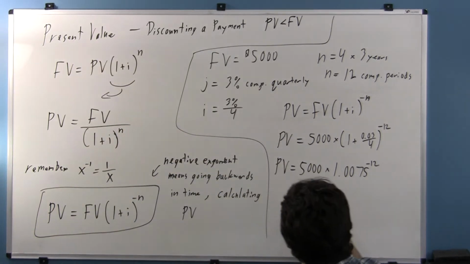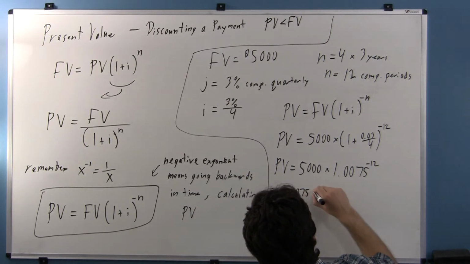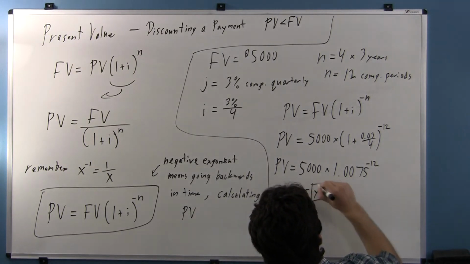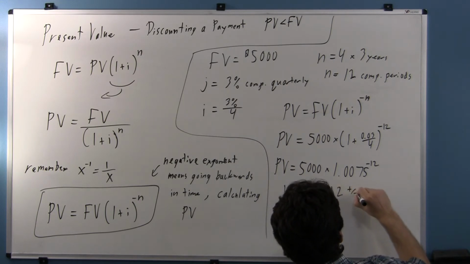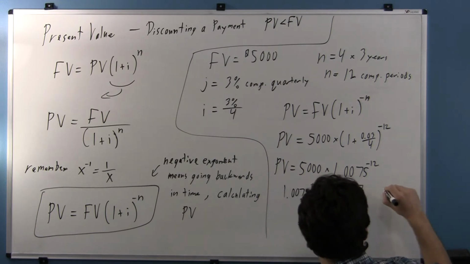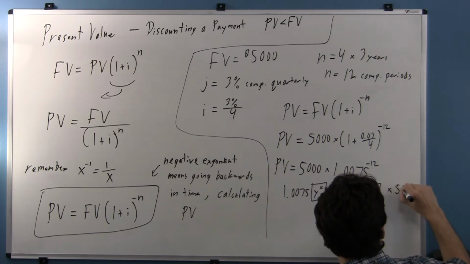So let me show, like I said: 1.0075, hit my exponent button, y to the x, then I typed in 12, then hit the plus minus button to make it negative, and hit equals, and then times 5,000 equals.